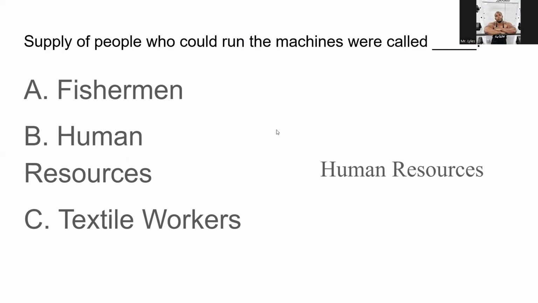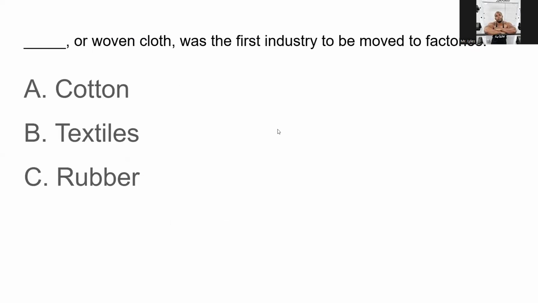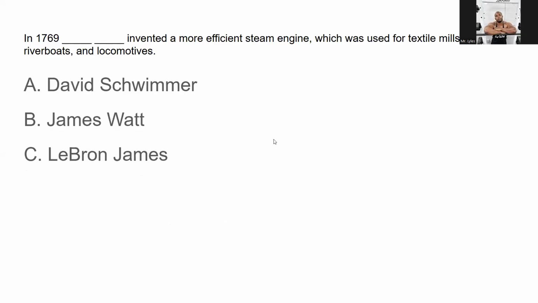Human resources. Textiles, or woven cloth, was the first industry to be moved to factories. In 1769, James Watt invented a more efficient steam engine, which was used for textile mills, riverboats, and locomotives. Who did that? It was James Watt.